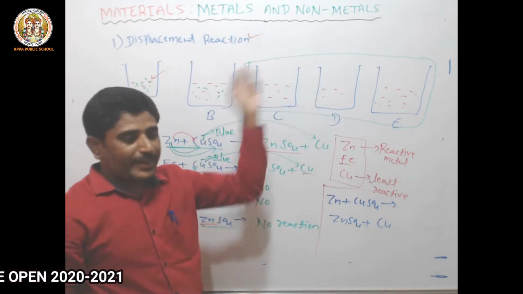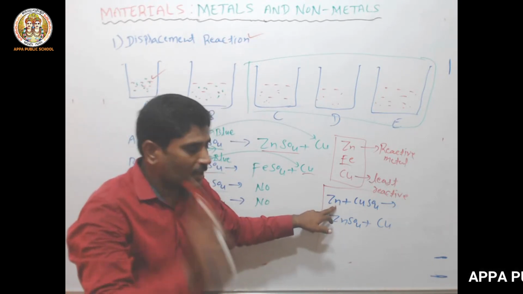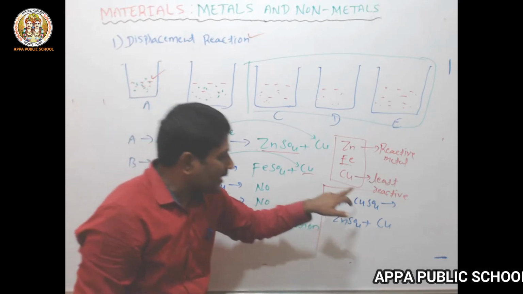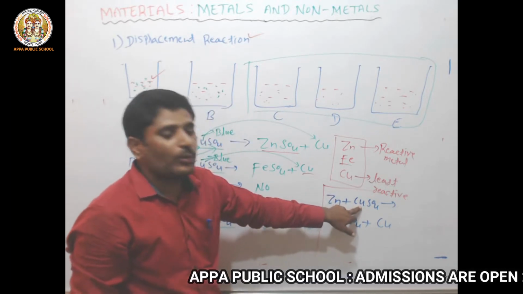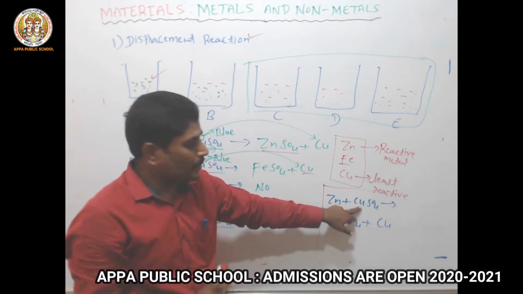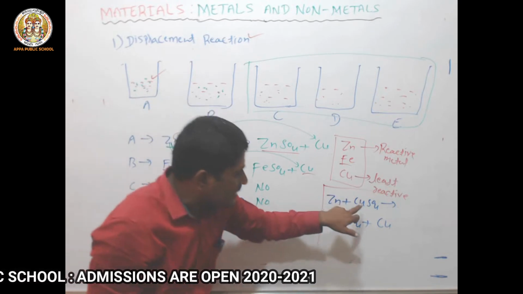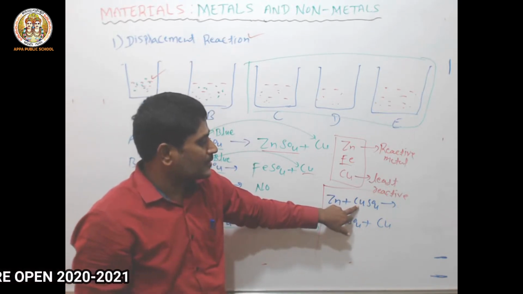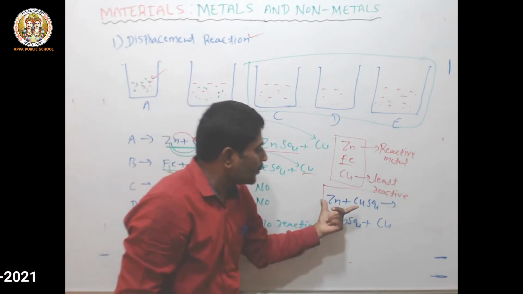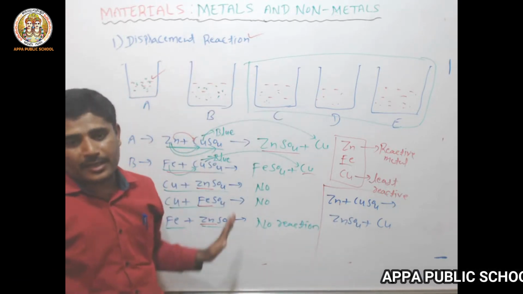What is a displacement reaction? More reactive metals, zinc is a more reactive metal, displace less reactive metals. You should remember, more reactive metals displace less reactive metals. The process or the reaction is called a displacement reaction.